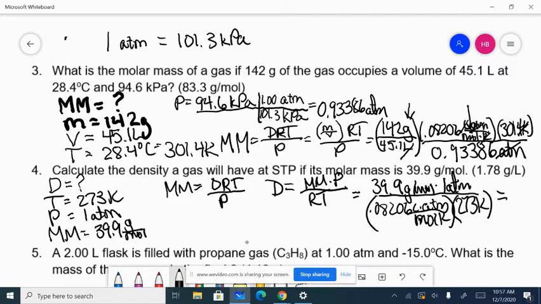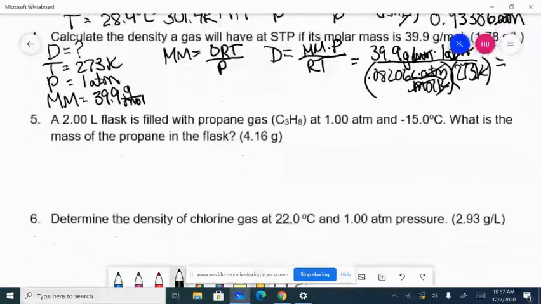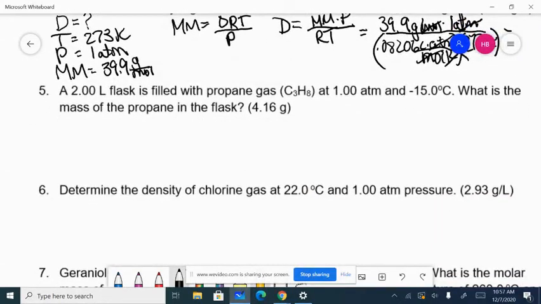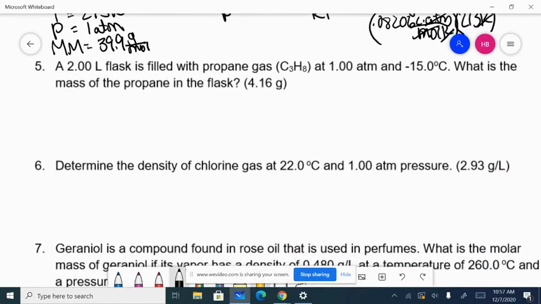And that should give me the right answer. Moles, moles, atmospheres, atmospheres, K, K, and I'm left with units of grams per liter, which is what I'm looking for. Let's keep rolling on to number 5.